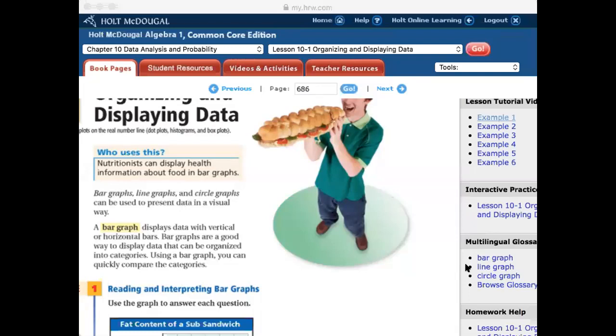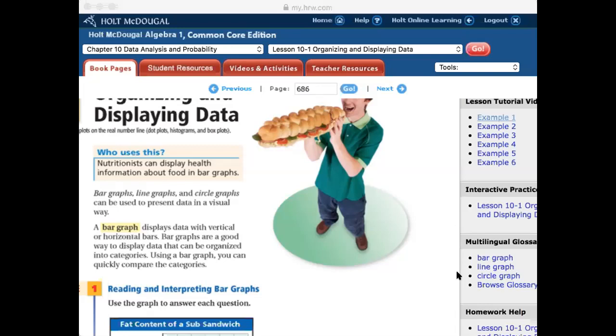Yep. Okay, so let's solve an example that is nearly similar to it. We have another one that shows fat contents also of a sub sandwich: bread and ham and turkey and cheese and mayonnaise. Which ingredient contains the most fat? Most fat. Okay, in the vertical scale we have the ingredients, and on the horizontal we have the fat in grams.